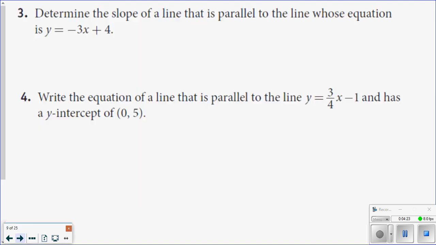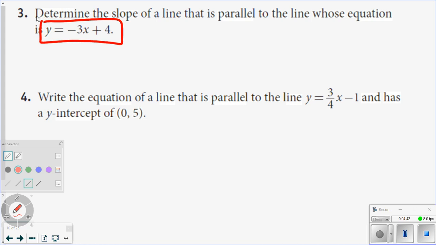Question 3. Determine the slope of a line that is parallel to the line whose equation is y equals negative 3x plus 4. Well, if I'm looking at this equation right here, what is the slope of that line?